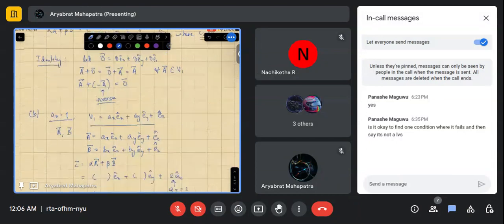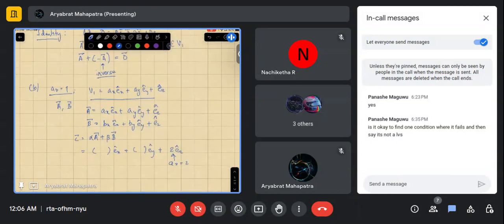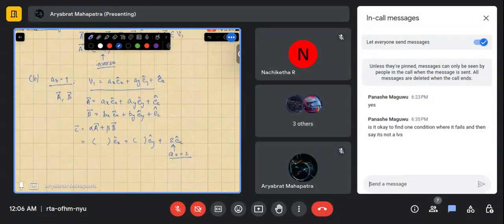But here, when we are setting az to be 1, we find this vector is not attaining the same form anymore. That's why this az is 2, and from here you can conclude that it cannot form a linear vector space. And exactly as Panase was pointing out, since one of the conditions is failing, this is not a linear vector space.